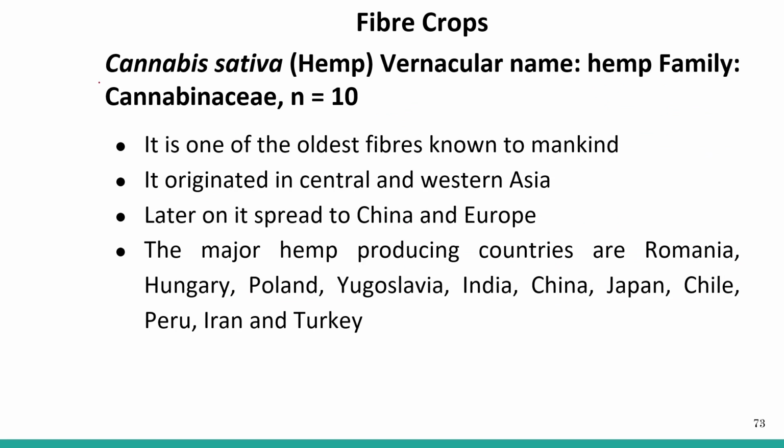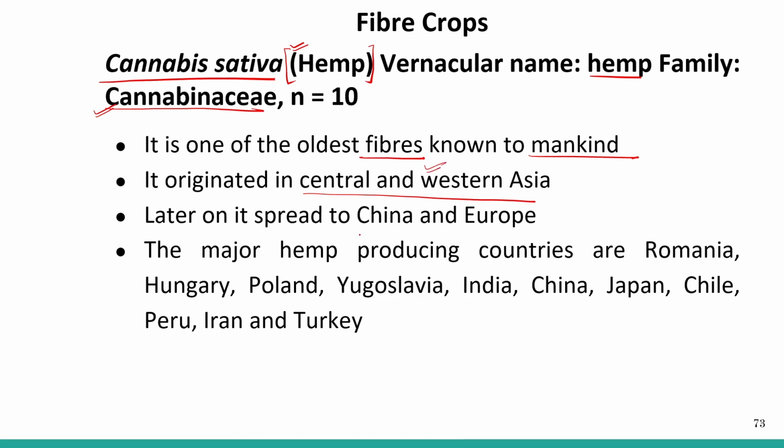Next is Cannabis sativa, that is also called hemp. Cannabis sativa, vernacular name hemp, and the family is Cannabinaceae. Very important, you must remember this, Cannabinaceae. It is one of the oldest fibers known to mankind. It originated in Central and Western Asia, so this is again originated in Asia only.